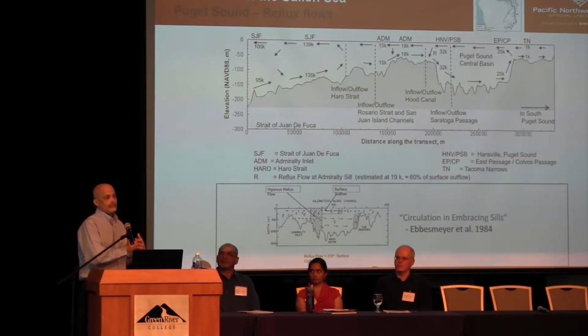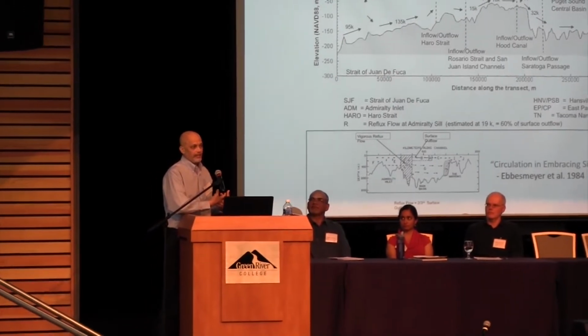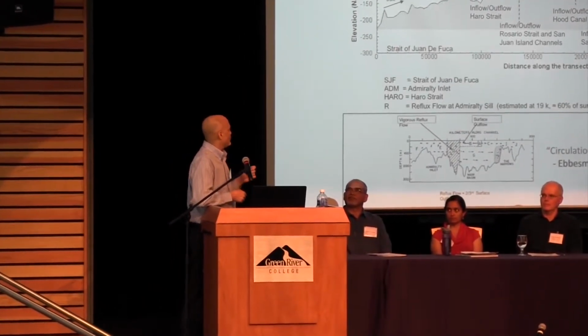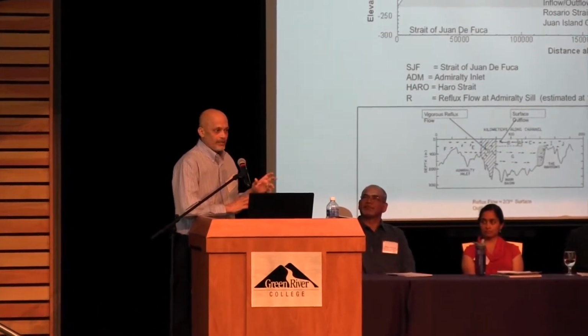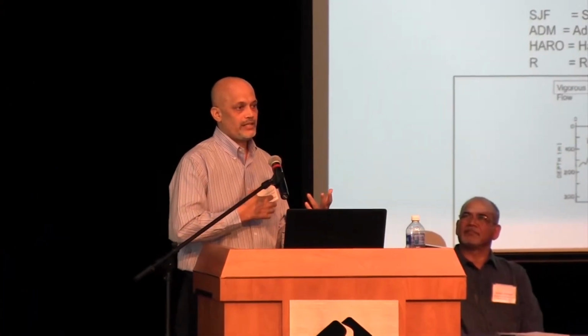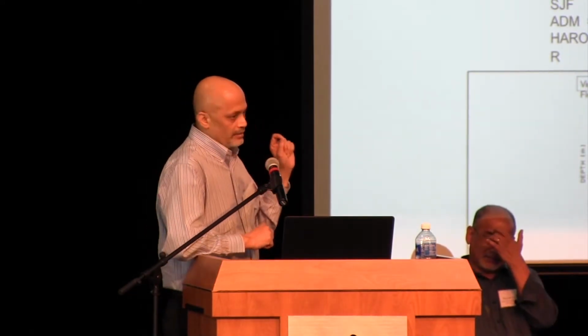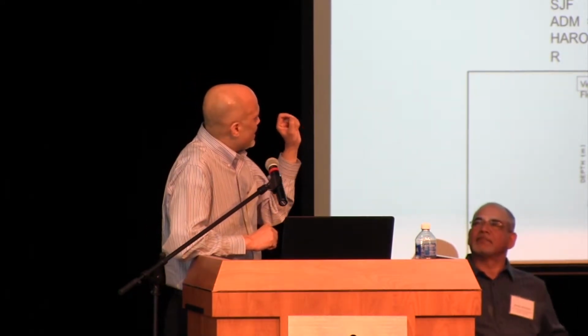And so these numbers, when we computed, a very interesting number came out. You know how everybody thinks that the water comes in from the Pacific Ocean, and then it mixes with surface water and goes out. But there is an important feature that happens at the Admiralty Inlet sill.